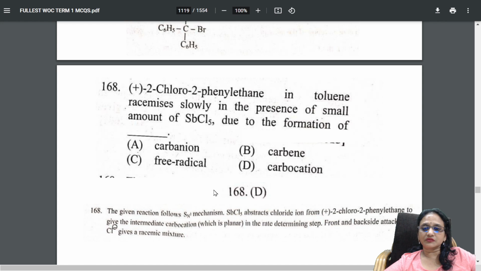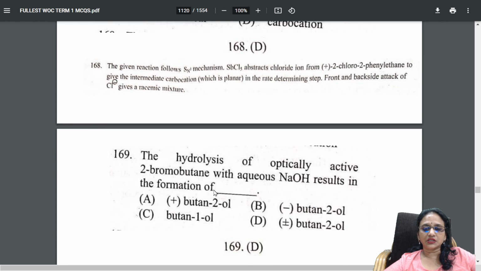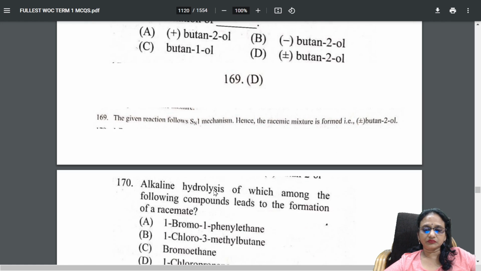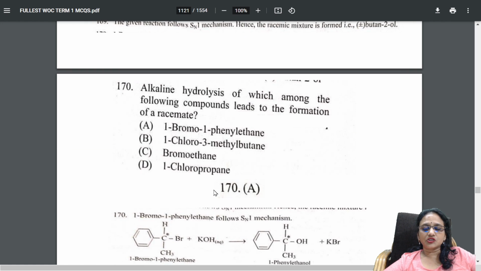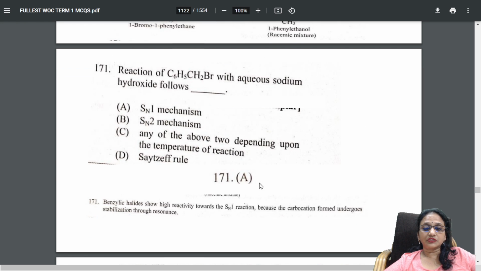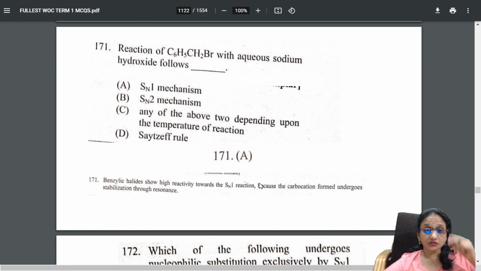Further questions on your carbocation. These are questions based on optical activity. Alkaline hydrolysis, rather, what happens? Of course, what happens with alcoholic? Further questions on your reaction of alkyl halide with aqueous sodium hydroxide.